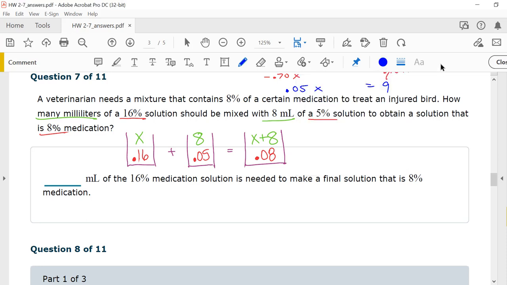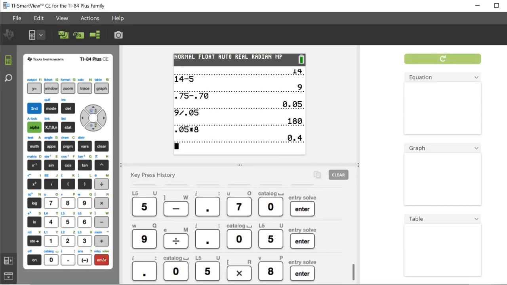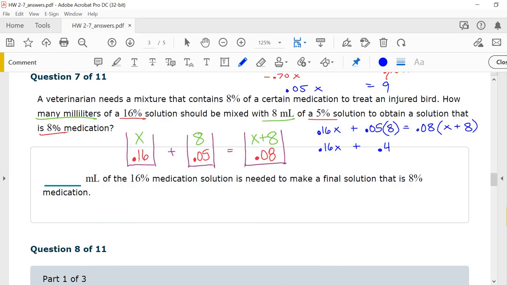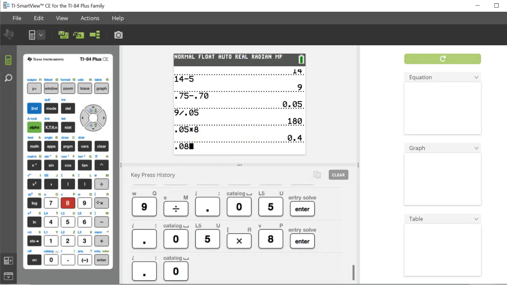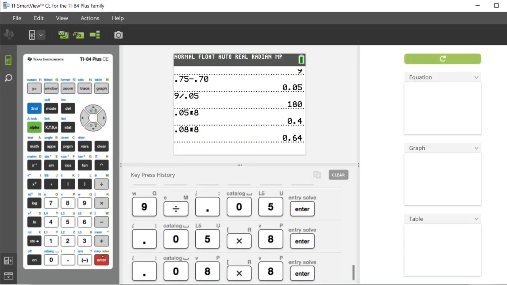My equation is going to be 0.16x plus 0.05 times 8 equals 0.08 times x plus 8. 0.16x plus 0.05 times 8, which is 0.4, equals, if I distribute, 0.08x plus 0.08 times 8, which is 0.64.